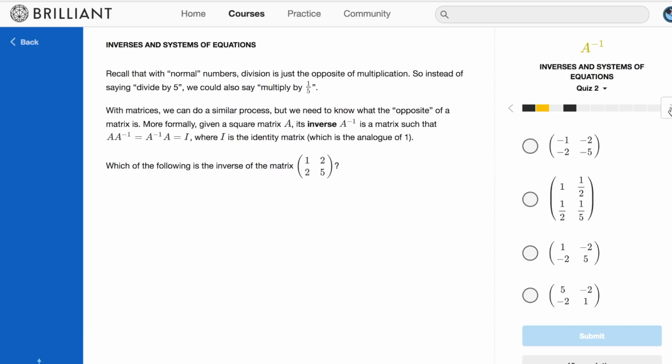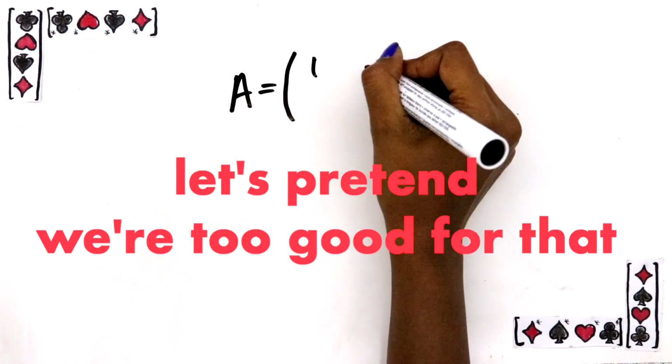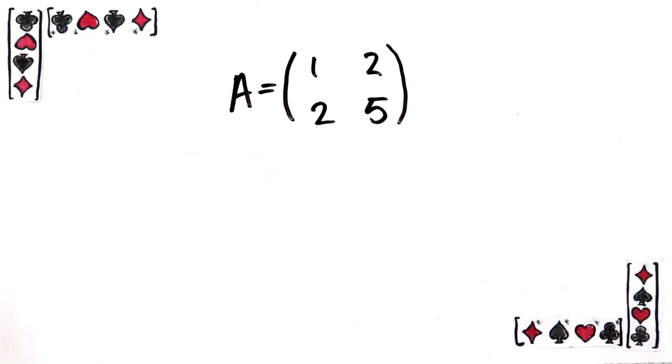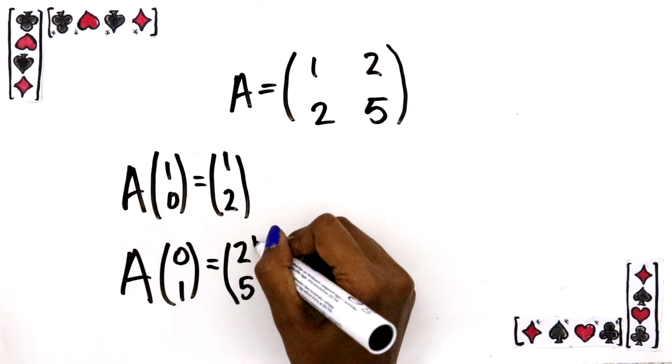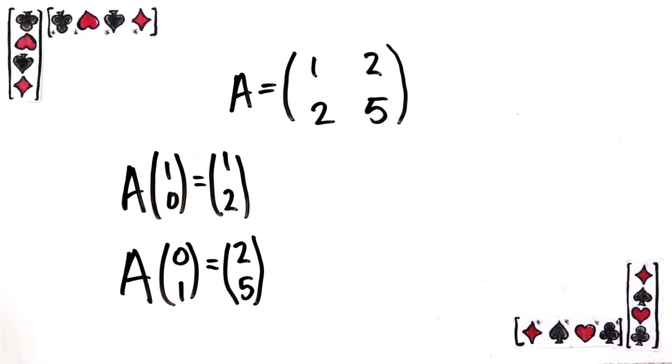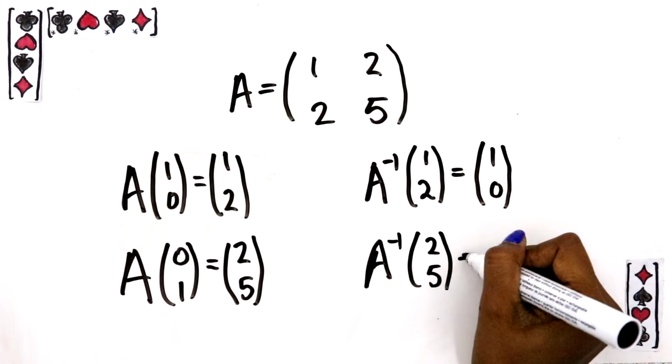Okay, so one way to do this is to just try each of these answers and see if it works. But let's do it another way. We know this matrix takes the first basis vector and sends it to the vector 1, 2, and it takes the second basis vector to 2, 5. So whatever the inverse is, it must undo this as we explained before.